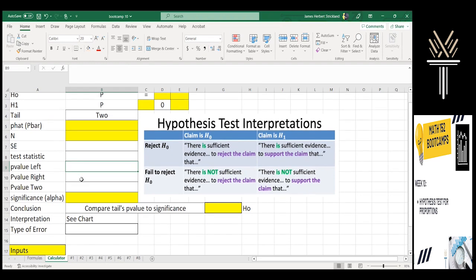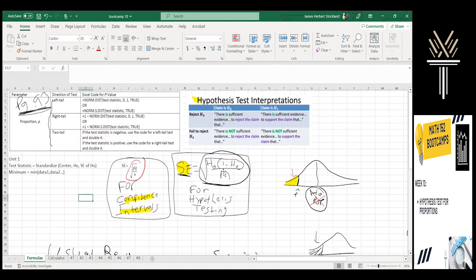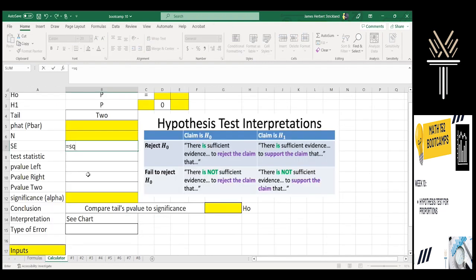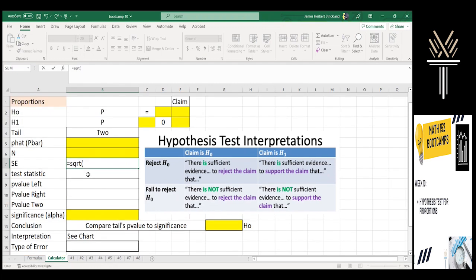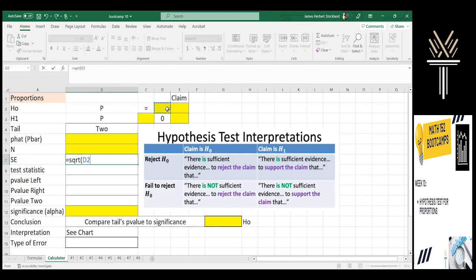All right. Next major calculation is standard error. And again, that's the formula: the square root of the null hypothesis times (1 minus the null hypothesis) divided by n. So equals the square root, the null hypothesis times, parentheses, 1 minus the null hypothesis, parentheses, divided by the sample size, the n, which is in cell B6.